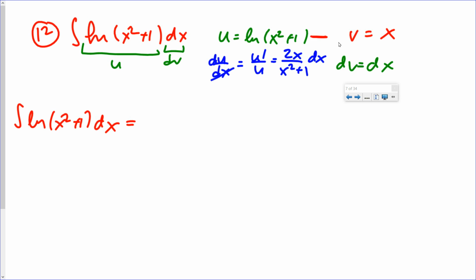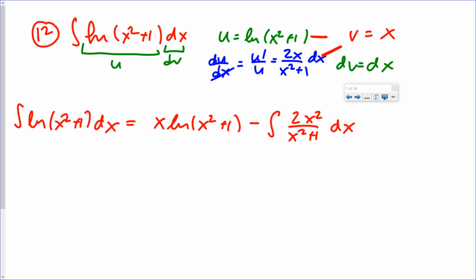So I multiply these two together, so that's going to be x ln of x squared plus 1 minus the integral of v du. So we multiply these together, so this is going to be 2x squared over x squared plus 1 dx. So make sure you understand what I just did. This is u times v minus the integral of v du. I just memorized that formula, okay?